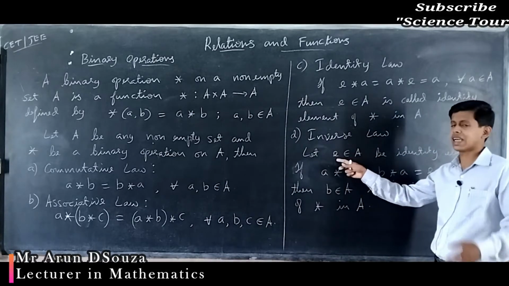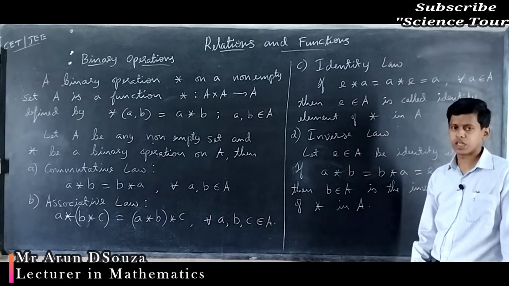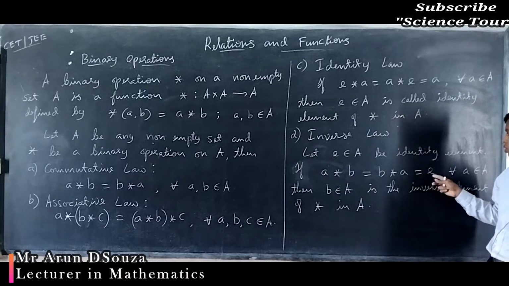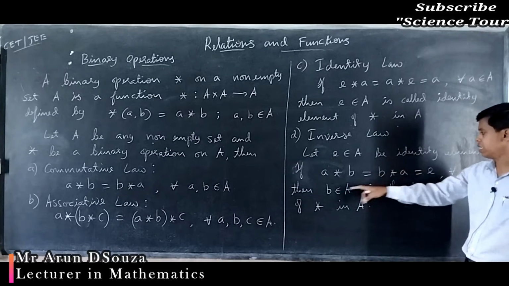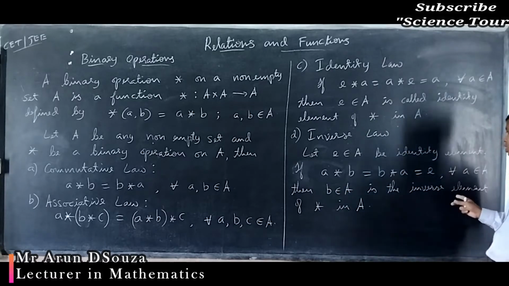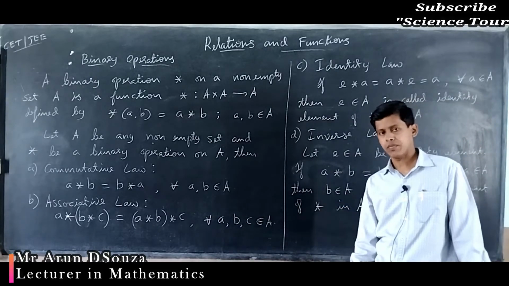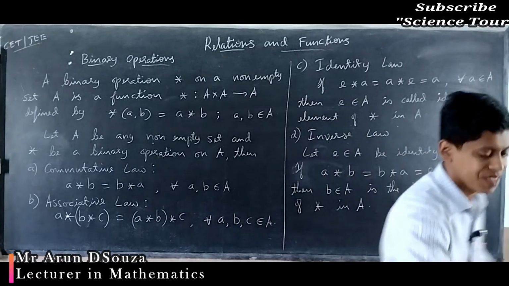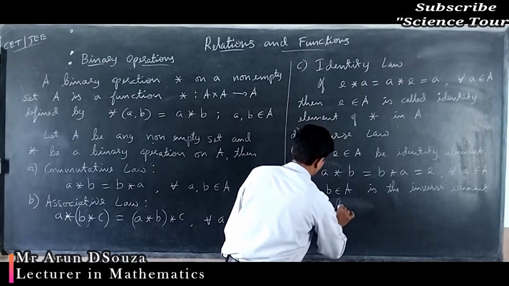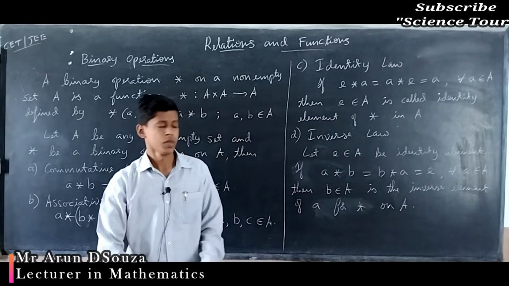So let us take an identity element E from the set A for the particular binary operation star, and if A star B is equal to B star A and that is equal to the identity element, then B, which also belongs to the same set, is the inverse of A in star and defined on the set A. So that is the inverse element of A for the binary operation star on A.